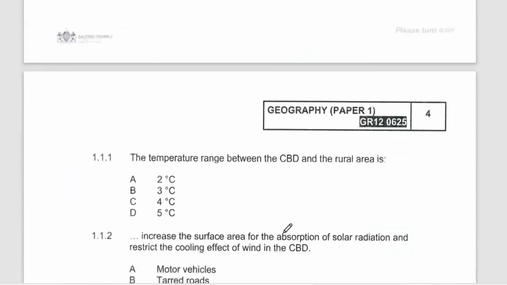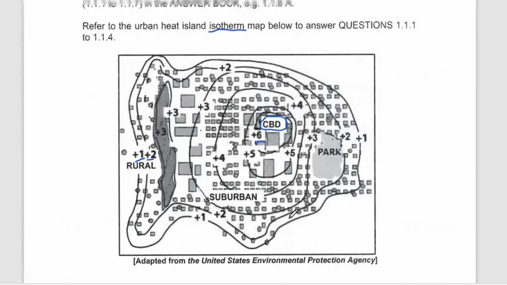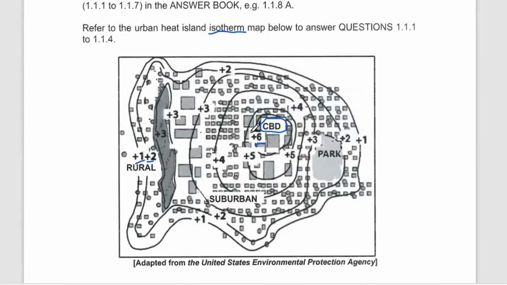Our first question is saying the temperature range between the CBD and the rural area is. When we're talking of a temperature range, we are looking at the difference between the highest temperature recorded and the lowest temperature recorded. From our illustration, the CBD isotherm reading is positive 6 and the rural is positive 1.